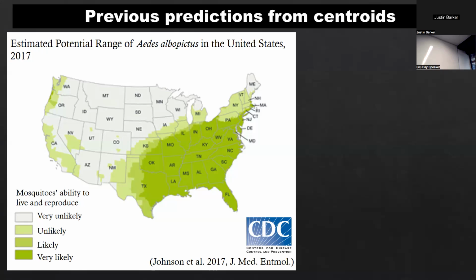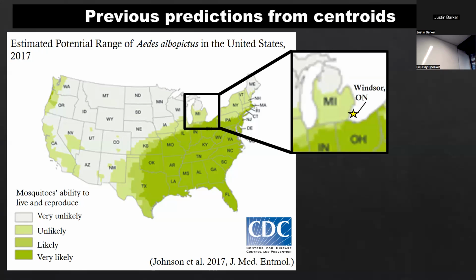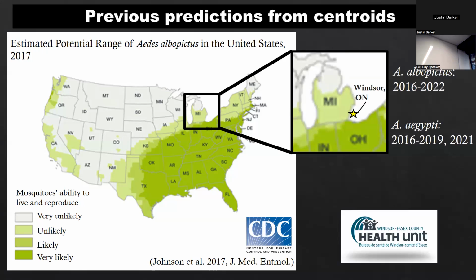However, when this paper was published, just across the border in Windsor, Ontario, both species had already occurred the year previously and continued to occur until 2022 for Aedes albopictus, and 2021 for Aedes aegypti. This area is now considered the first established population in Canada by the Windsor-Essex Health Unit. So with that in mind, we have to question if using these centroid occurrences within species distribution models is reliable.